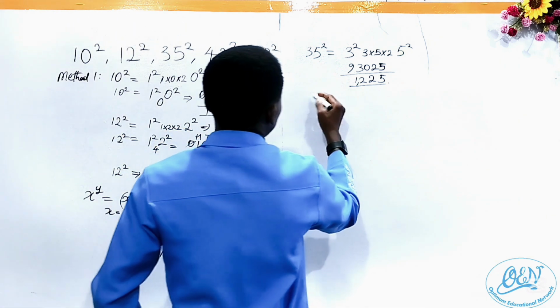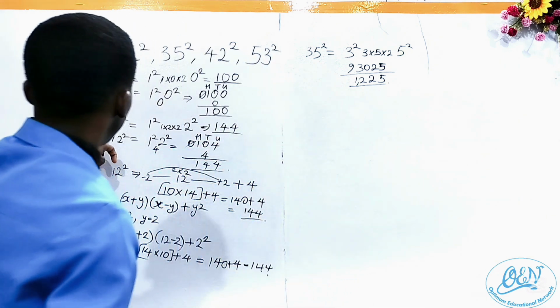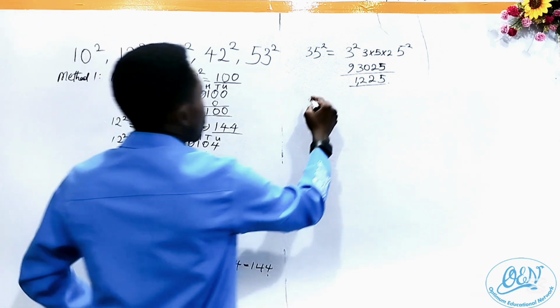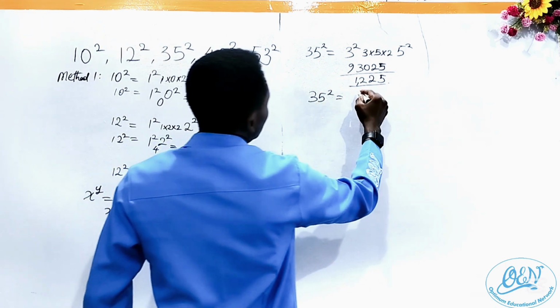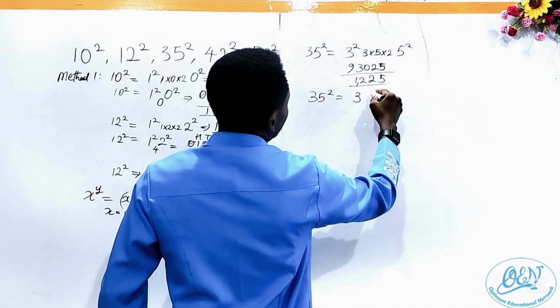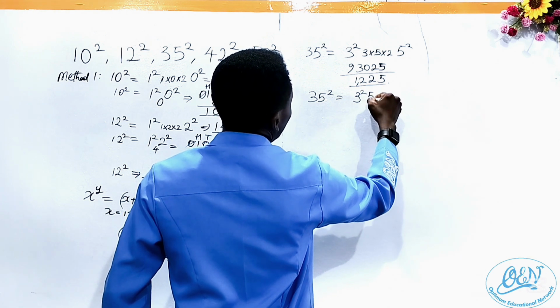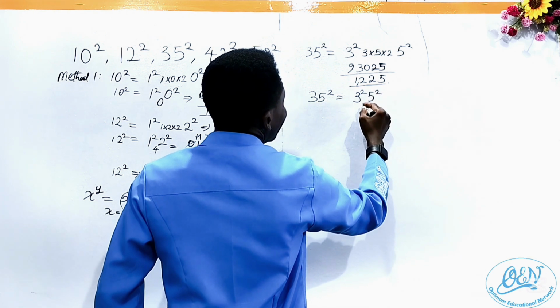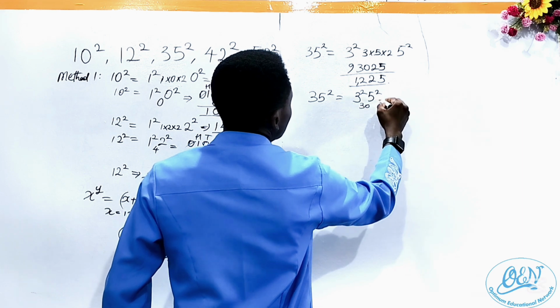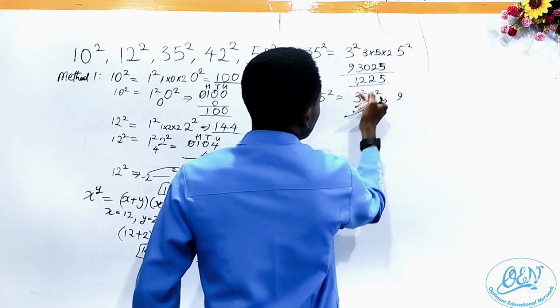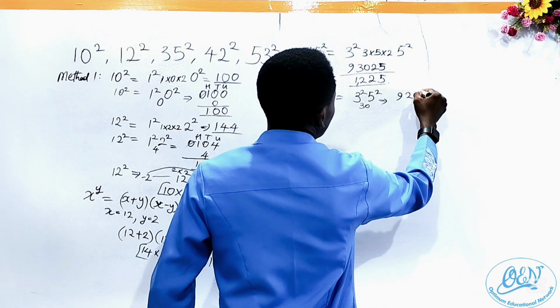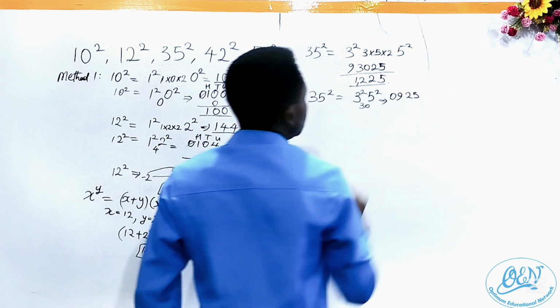The other method, you have 35 squared: 3 squared, 5 squared, and 30. So this is going to give us 9. That's 3 squared is 9, and this is 25. This is 09.